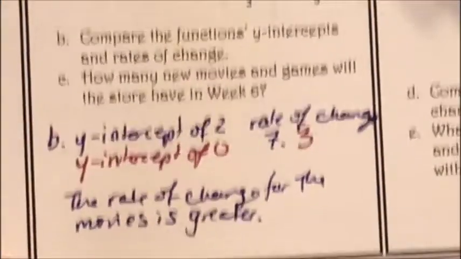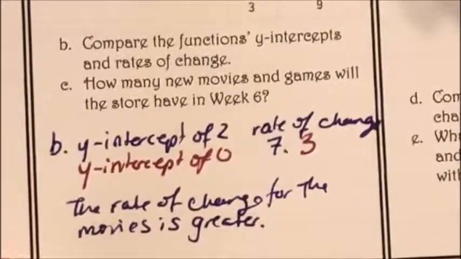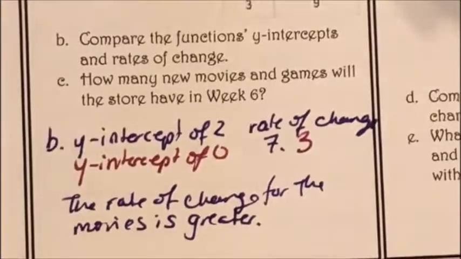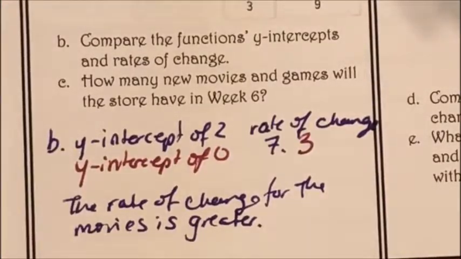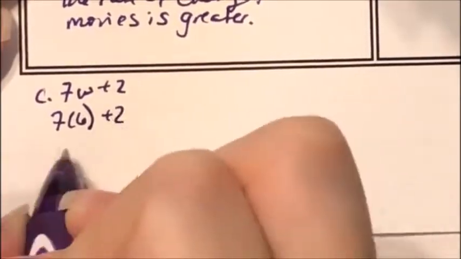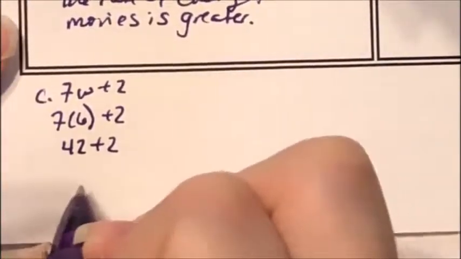Okay. Letter C says, how many new movies and games will the store have in week 6? So for letter C, I'm just going to take my function 7w plus 2. I'm going to plug in 6 for w. 7 times 6 is 42, plus 2 gives me 44.